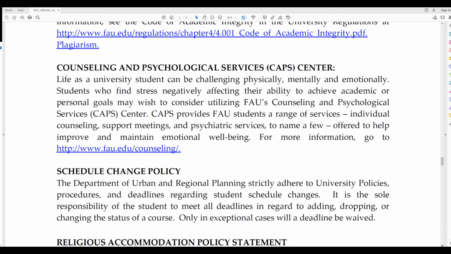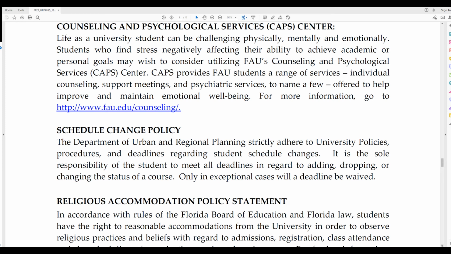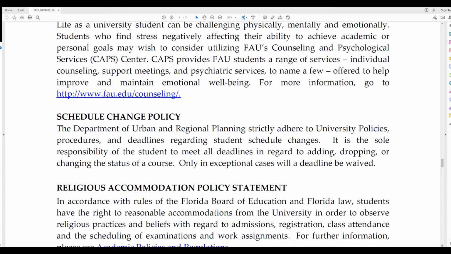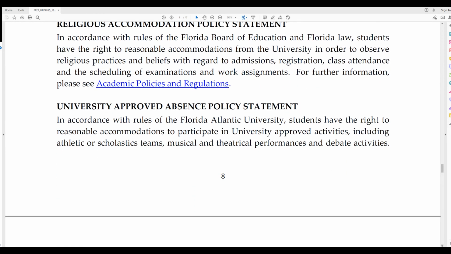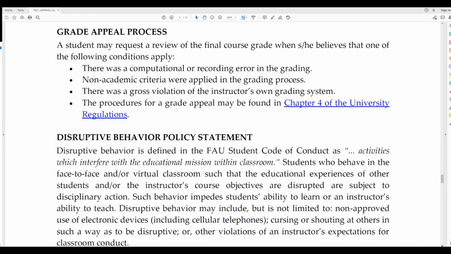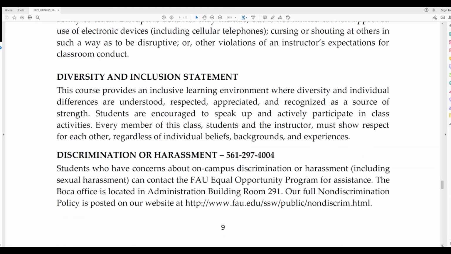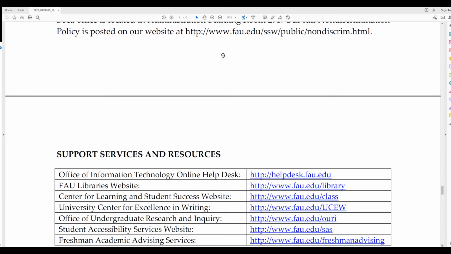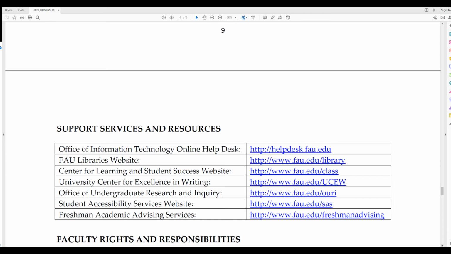And then the rest of the syllabus covers different types of policies, such as schedule change, counseling, religious accommodation, and some other policies. Please read them carefully and let me know if you have any questions or concerns. I also provided a little table here about the different resources you might be able to find to help you in case you need any help.